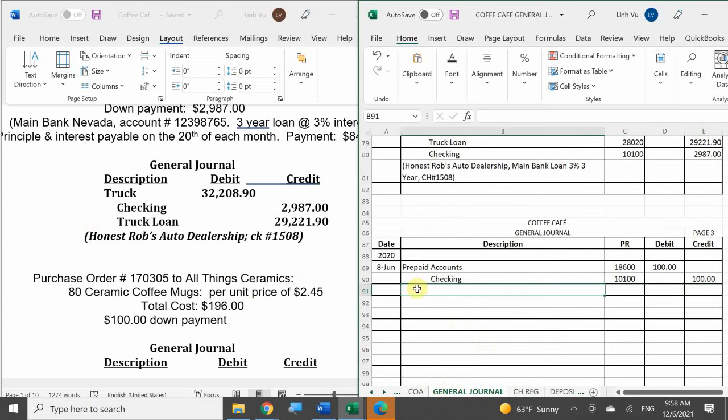Okay. So once again, I have all the information I need, right? I have the vendor, All Things Ceramics. Okay. I have purchase order number 17305. Okay. $100 down payment.